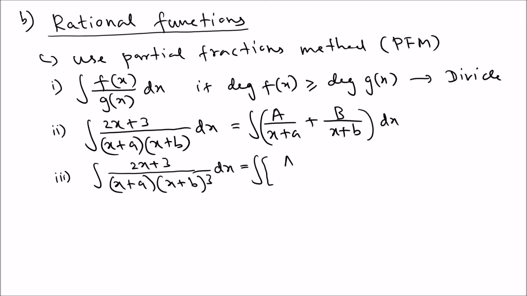So your fraction is going to be a over x plus a. For the repetitions, it's going to follow the format of the smallest one. Smallest one means x plus b to the first power. So everything is going to follow the same format, even though they have larger powers. So this is going to be b.